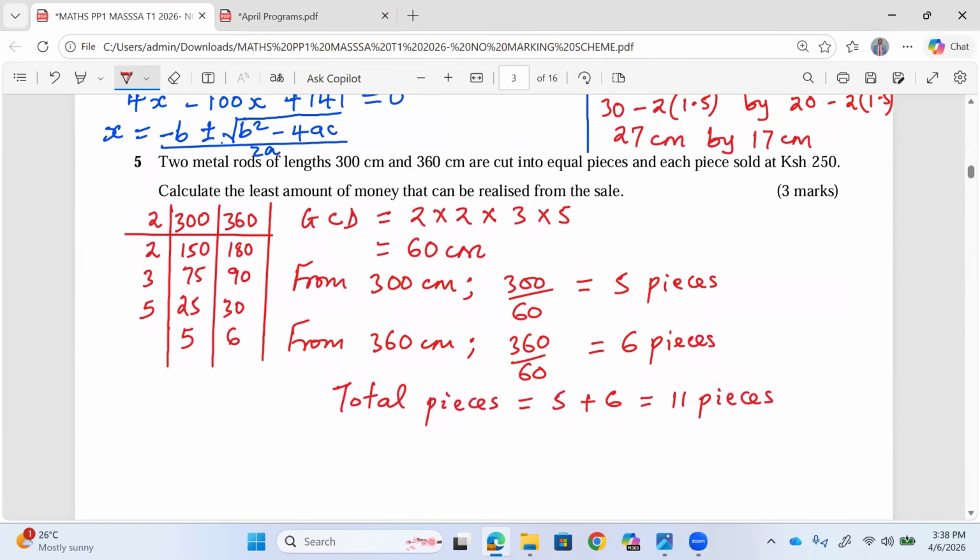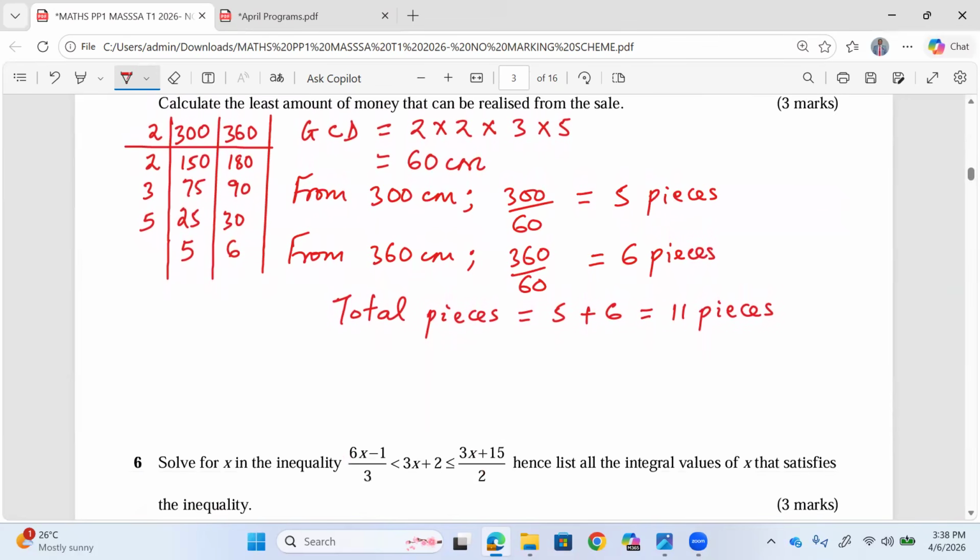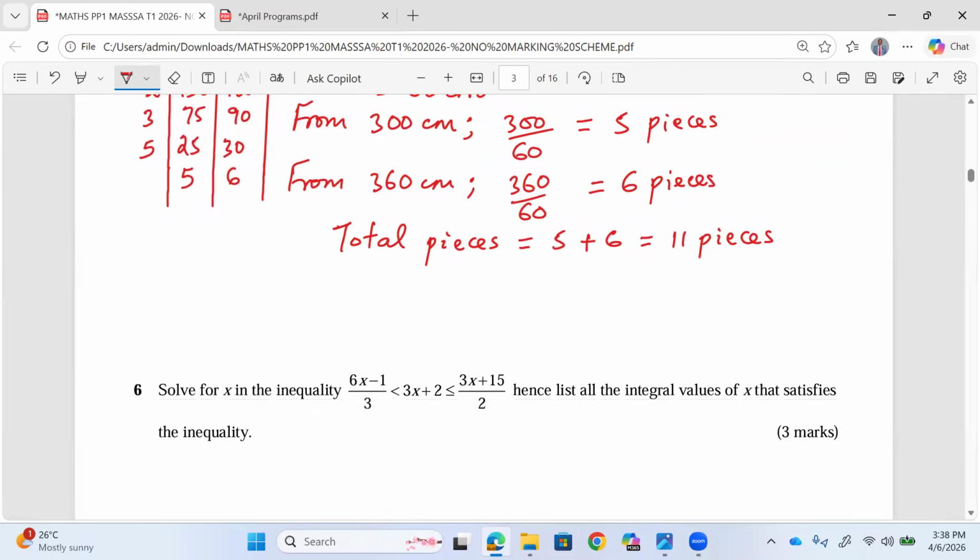Now, each piece is being sold at 250. So calculate the least amount of money. The amount of money shall be 11 times each 250. 11 times 250 gives us 2750 Kenya shillings.